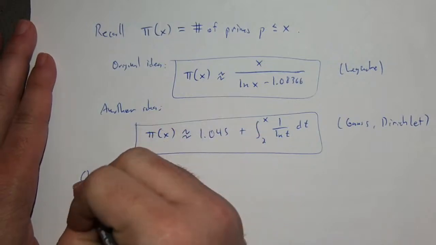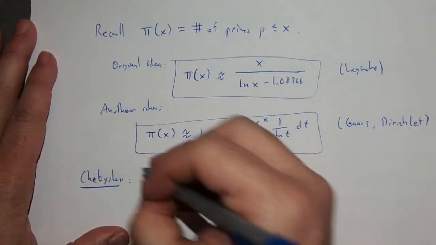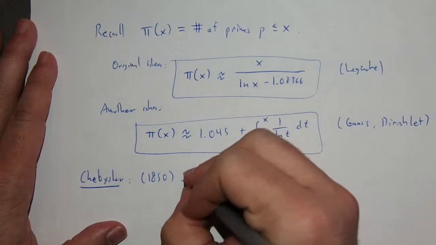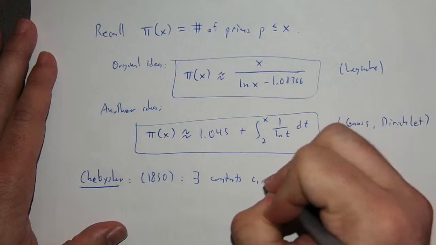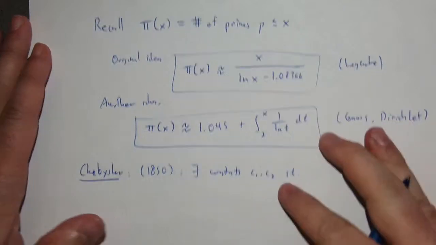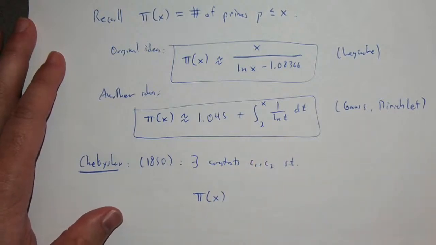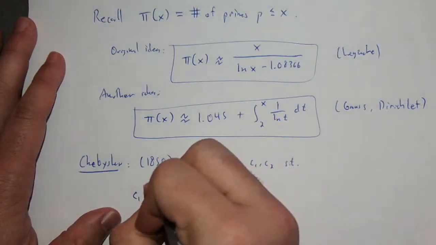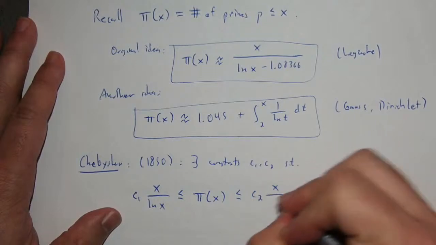So Chebyshev, around 1850, said that there exist constants c sub 1 and c sub 2 such that the number of primes less than or equal to x was bounded between a constant times x over ln of x and another constant times x over ln x.